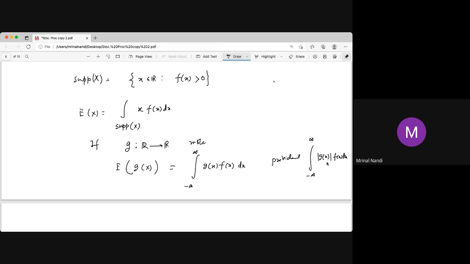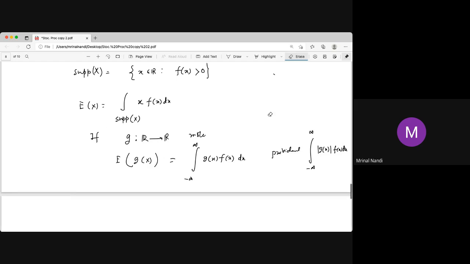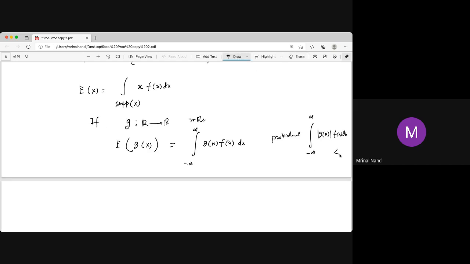The mod of fx is the same as fx because fx is positive or 0. It can't be negative.